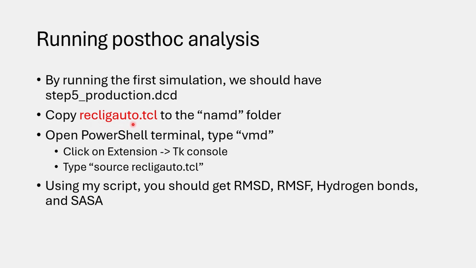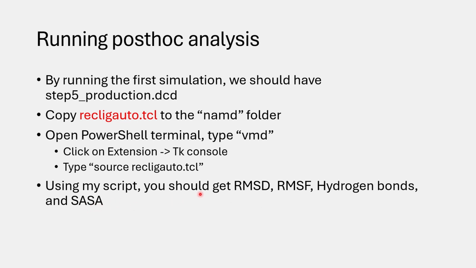I've kept it in the MD script folder, and we're going to copy that file to the NAMD folder, and then open VMD using PowerShell, open the Tk console, and type source directly auto.tcl. With this script, you should be getting the RMSD data, hydrogen bonds, and solvent accessible surface area.